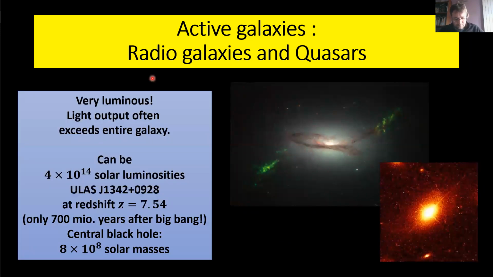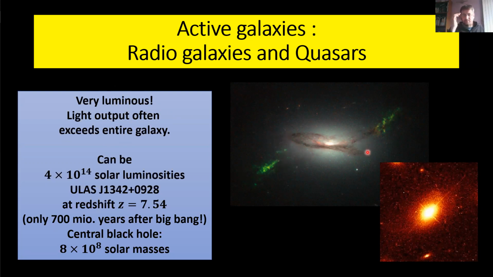So if they are active, they are often very luminous, and the light output can often exceed the entire galaxy. And obviously, what is the case here? We see that the jets are not going perpendicular to the plane.